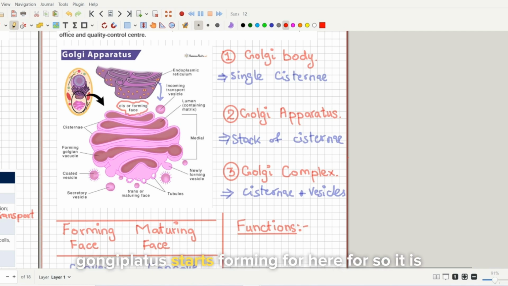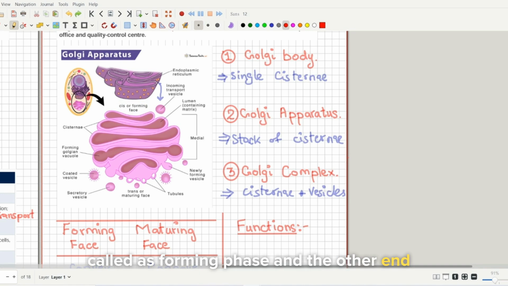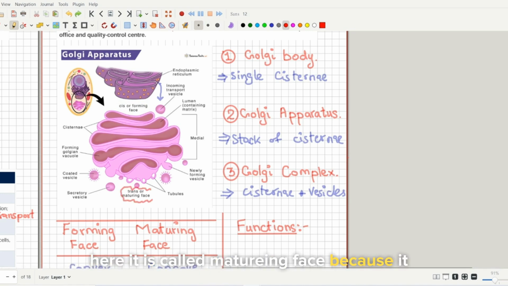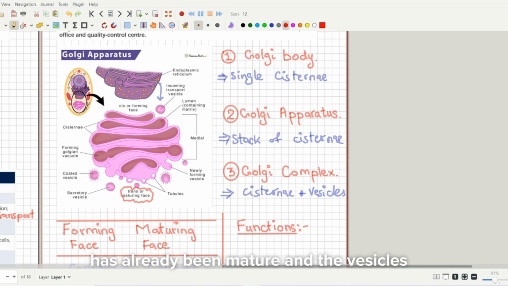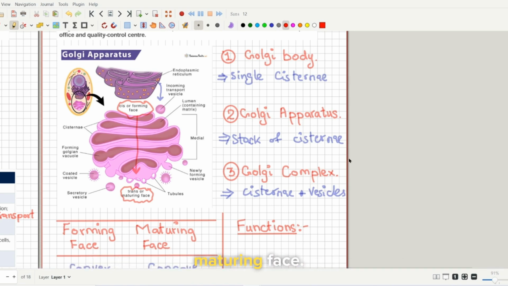The other end is called the maturing phase because it has already matured. The vesicle will move from the forming phase to the maturing phase.